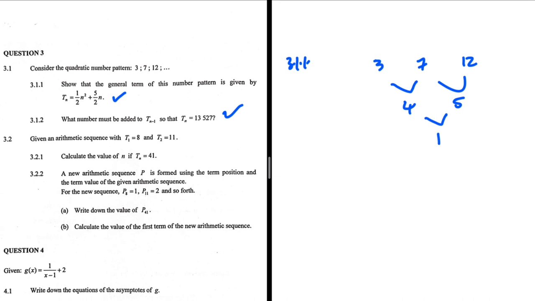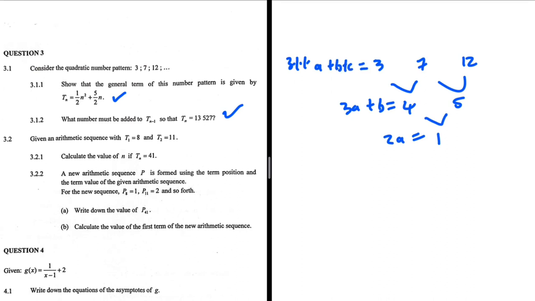So 2a is equal to 1, and 3a plus b is equal to 4, and then a plus b plus c is equal to 3.